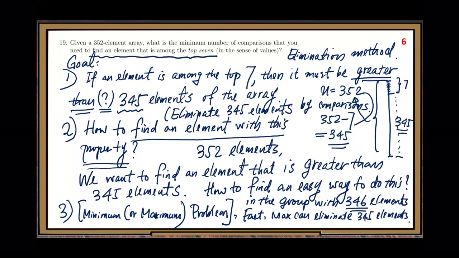That's exactly what we need. In a group with 346 elements, we find the maximum with 345 comparisons, and with this many comparisons, the maximum beats all the other elements in the selected group.